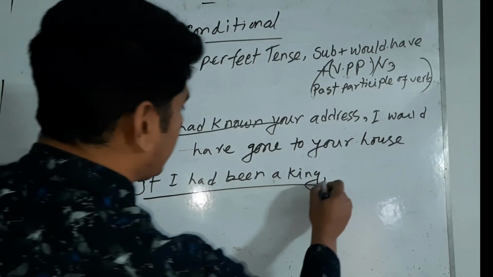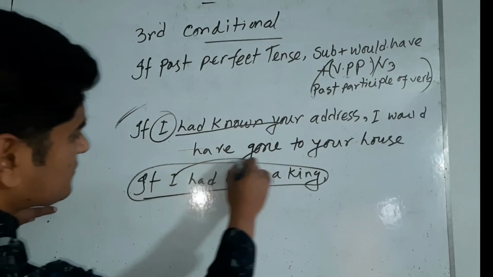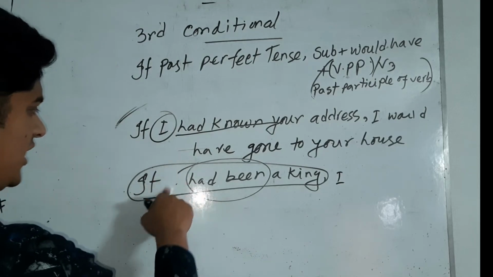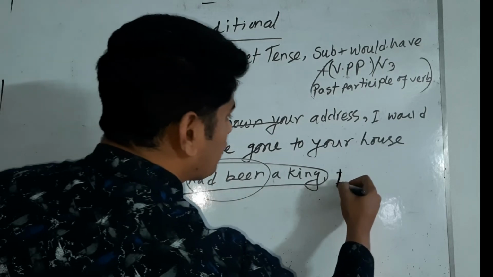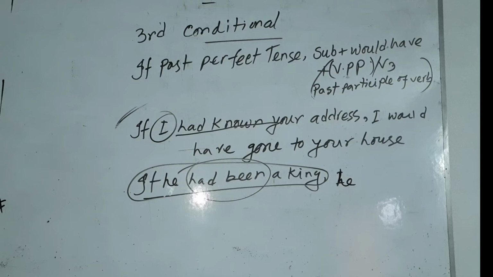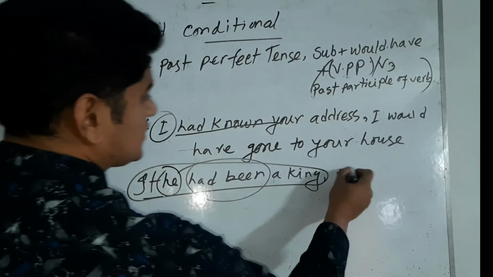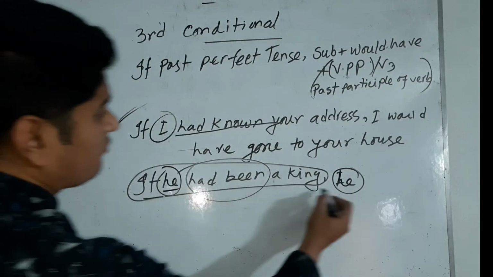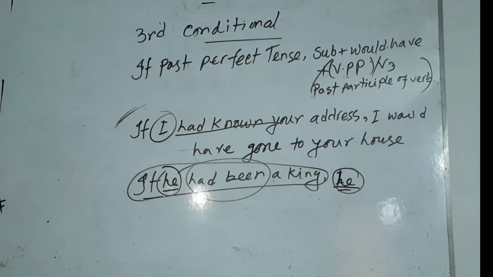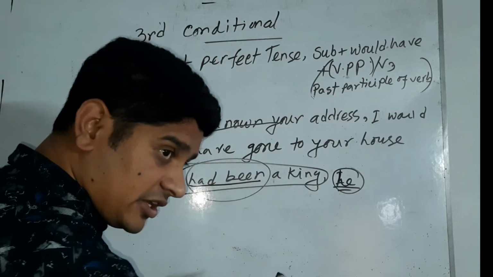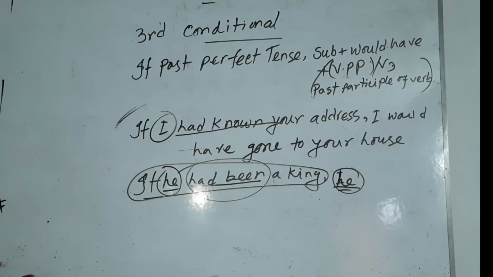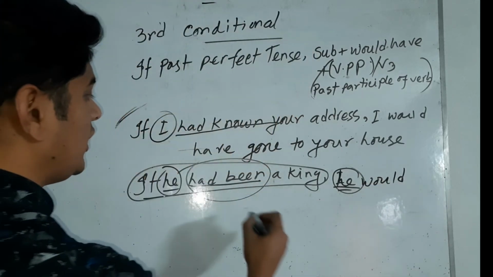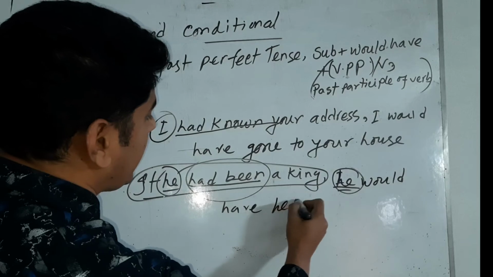If I had been a king, there is a past perfect tense, so we have to use subject I here, or if I had given he, we have to use he, because the first duty is to use a subject at the beginning of the second part, and since there is past perfect tense, you have to use would have or could have helped the poor.